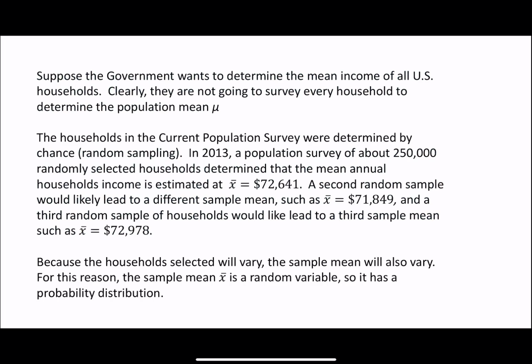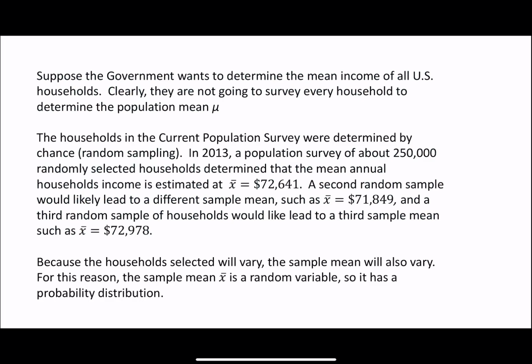If they took a second random sample of the same size and got that mean as 71,849, and then they take a third random sample and find that mean 72,978. All of those means are different, and they could base the population mean on whichever one serves their purpose better.